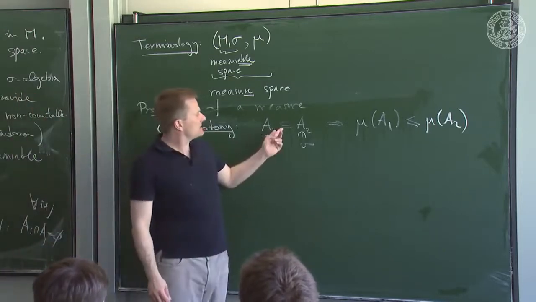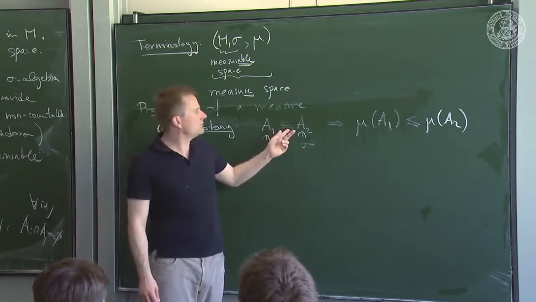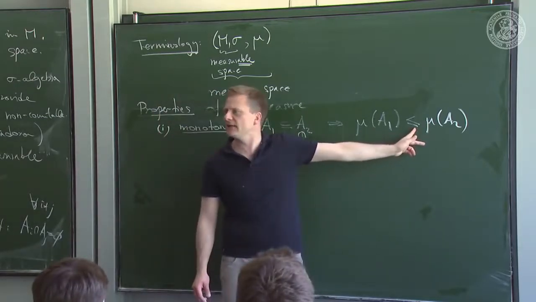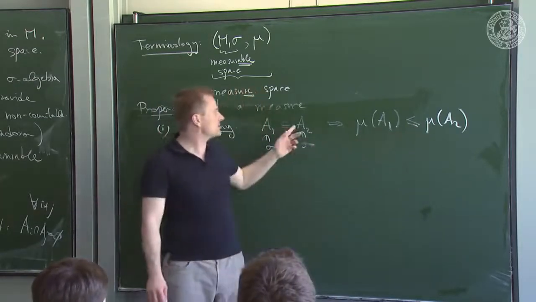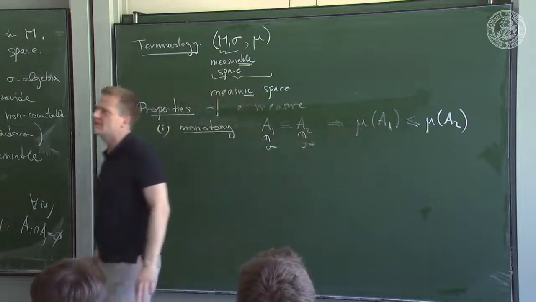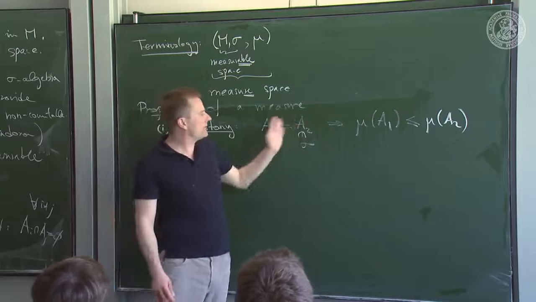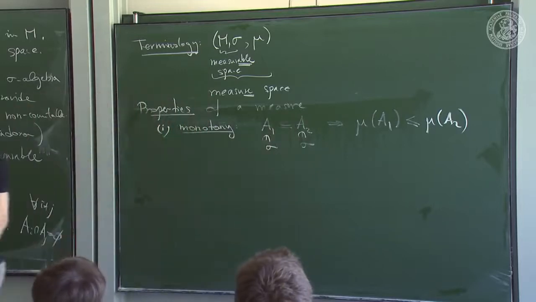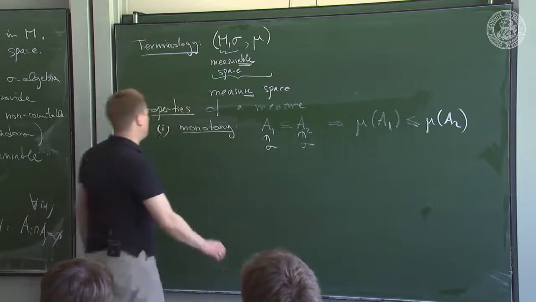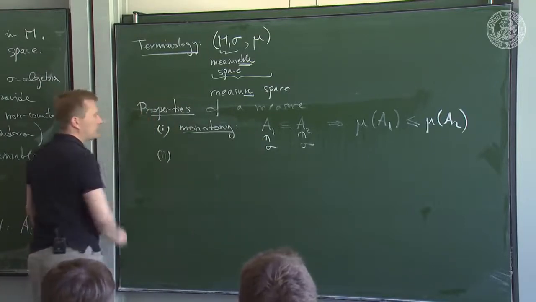Don't be fooled: even if this is a proper inclusion, it could still have an equal sign here, because there could be just one point missing and the measure won't see it. Informally speaking, they could differ only by a so-called set of measure zero. We'll come to that, so don't draw false conclusions from this.